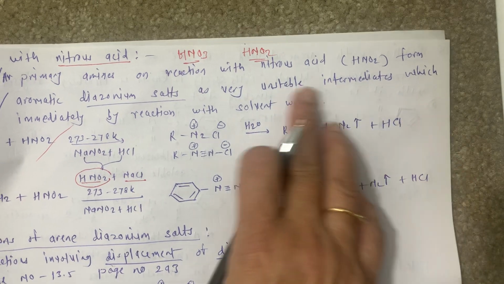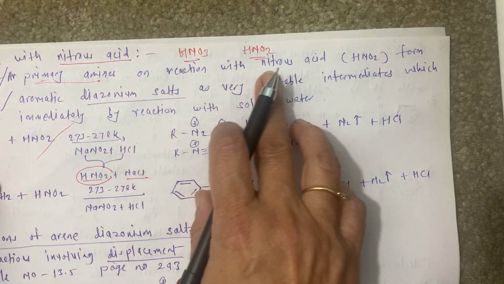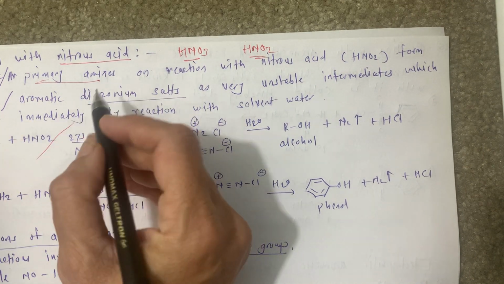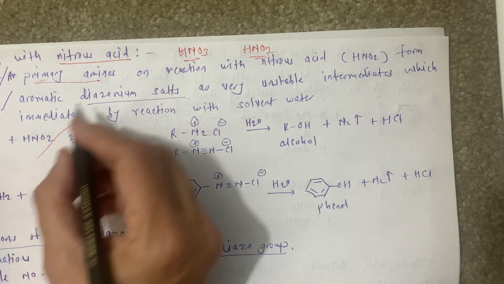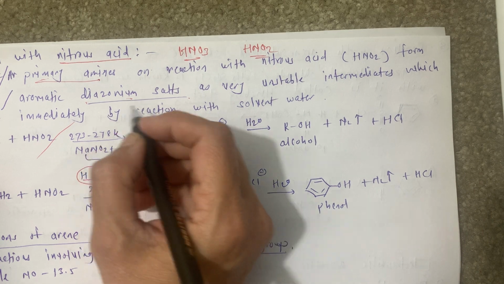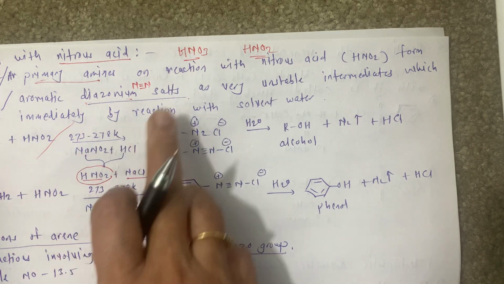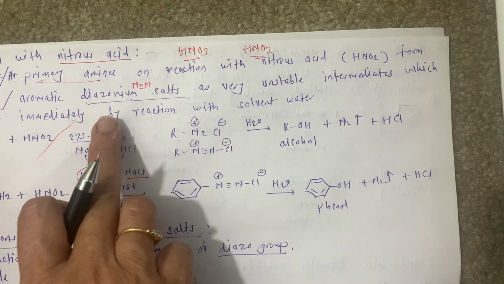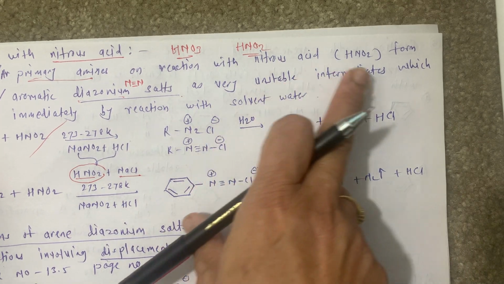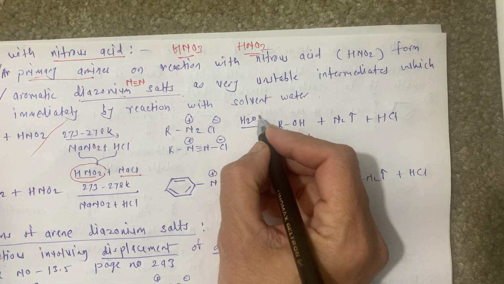So what is this reaction? Aliphatic or aromatic primary amines on reaction with nitrous acid form aliphatic or aromatic diazonium salts. We know diazonium salts, where two N's are present, like this, N triple bond N. These are very unstable intermediates which decompose immediately by reaction with solvent water.